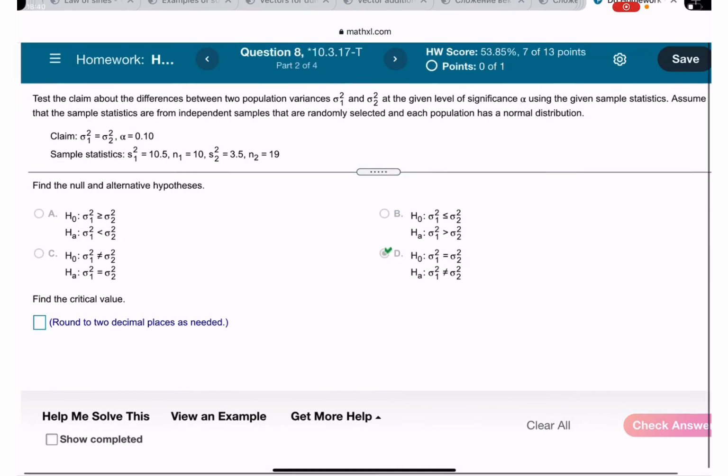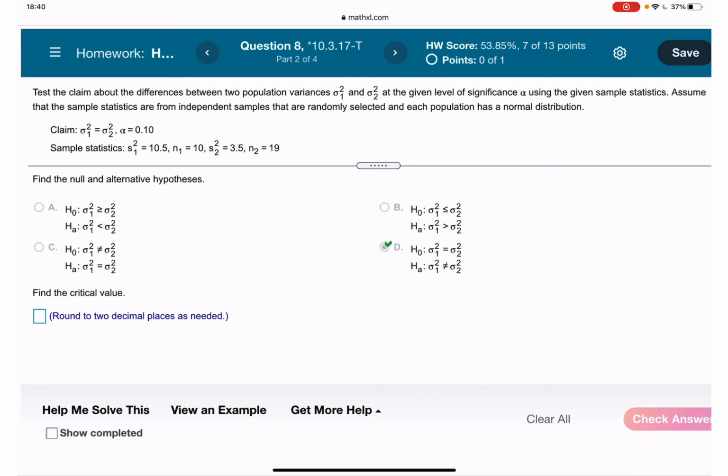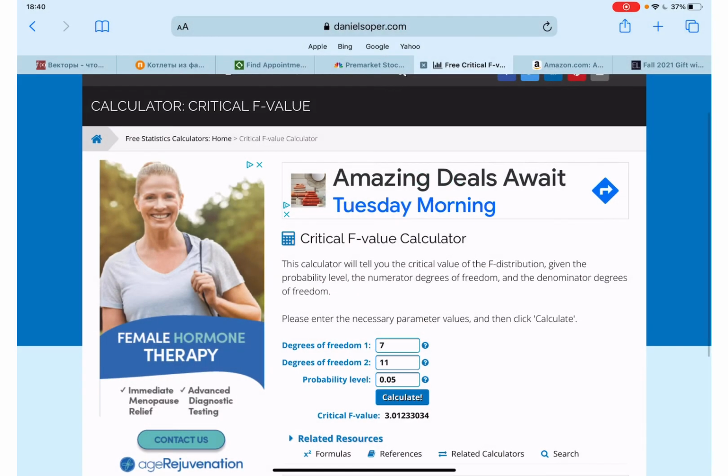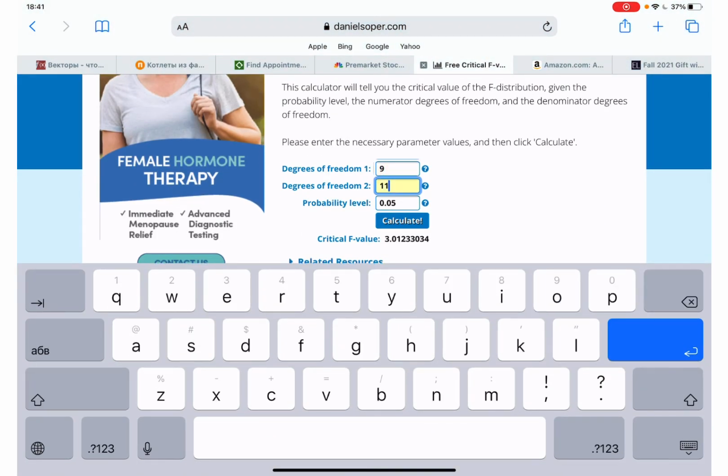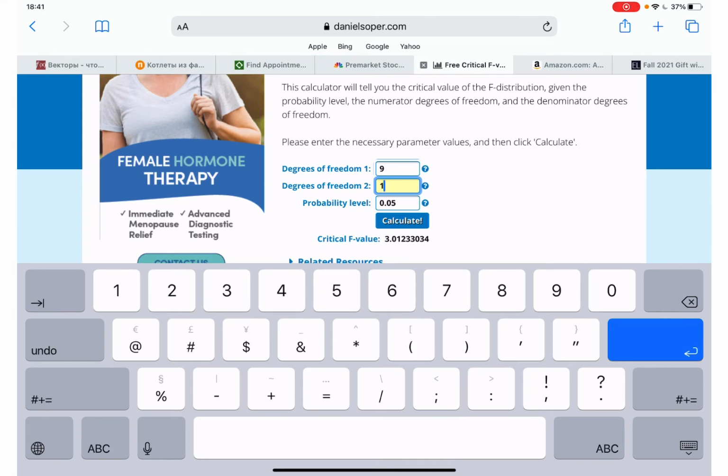Next we are going to find the critical value. So for two-tailed, we are going to split, instead of alpha 0.1 we are going to get 0.05. Okay, degree of freedom 9 and 18. Degree of freedom 9. Degree of freedom 18.